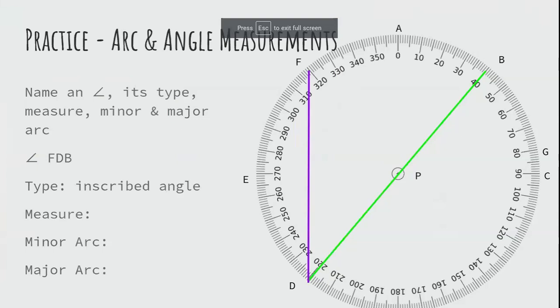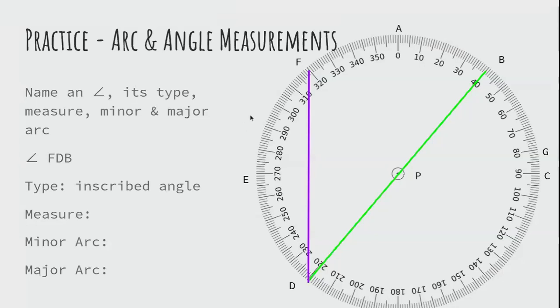Does anybody remember how the inscribed angle relates to the arc? Because this is supposed to be a review. Anybody remember? Oh, I need a refresh on that part. Okay. So the measure of the inscribed angle is half the measure of the arc. So let us jump to the arcs first.